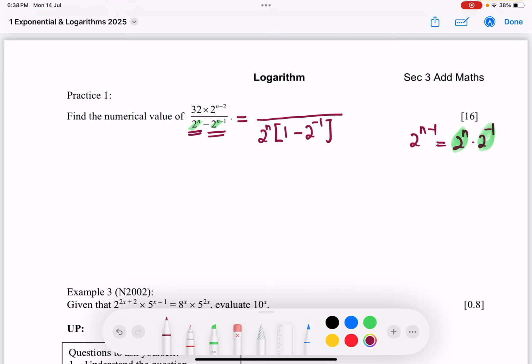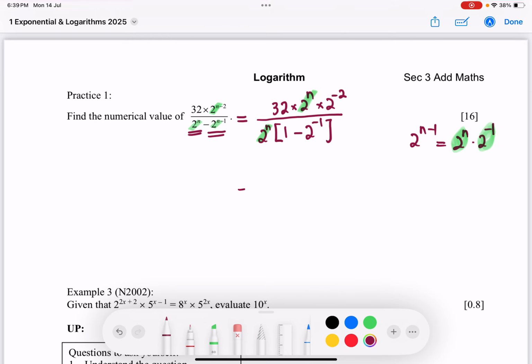Then my numerator, I can simplify it. However, I'm actually going to leave it like this because the denominator has a 2 power n. I also notice the numerator has a 2 power n. So most likely these two can cancel. So rather than express the 32 as 2 power 5 and combine everything together, I'm going to leave the 2 power n on its own.